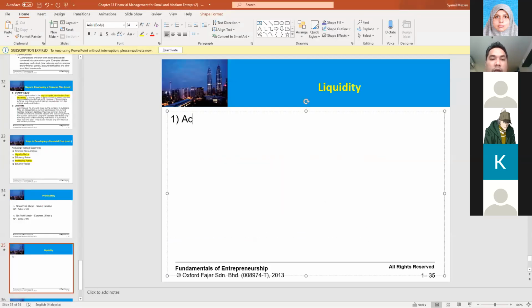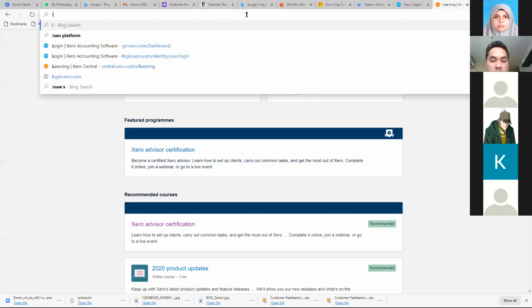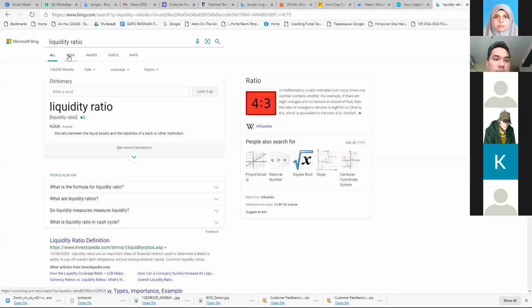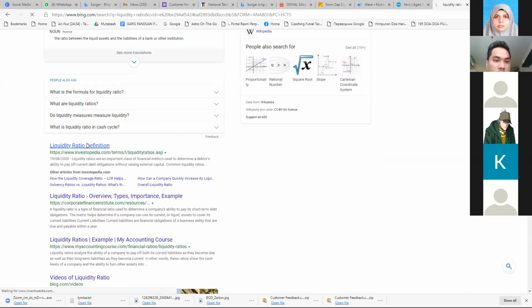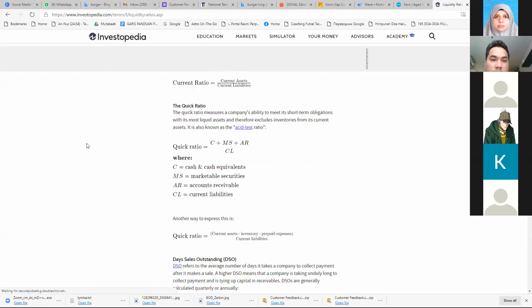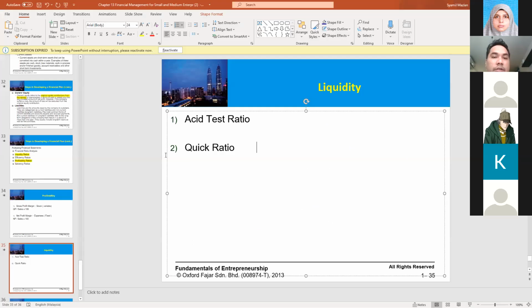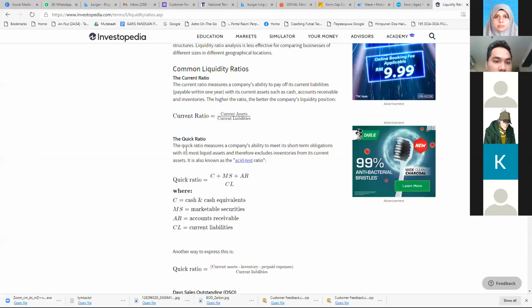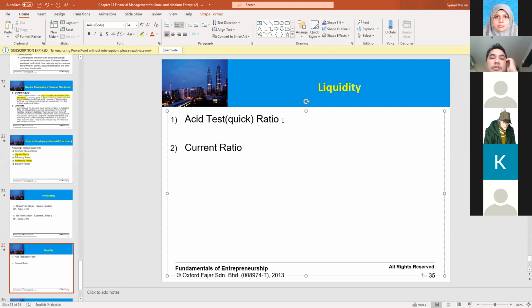Liquidity has the acid test ratio, another name is the quick ratio, and then the other one is the current ratio. First, let's look at the current ratio.